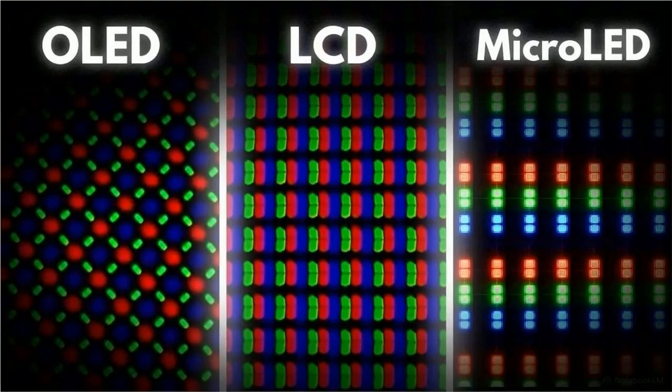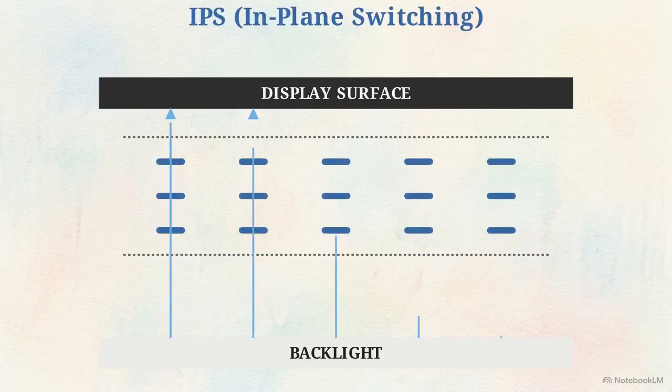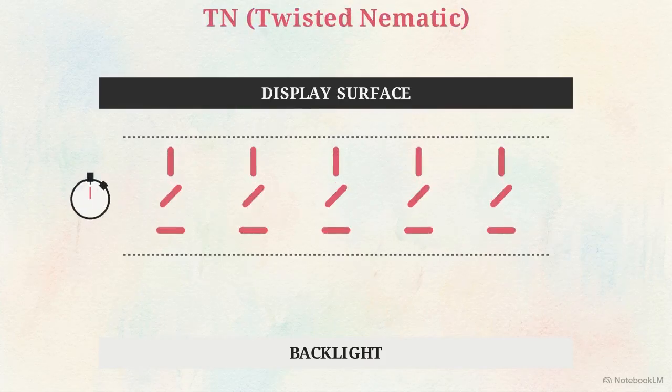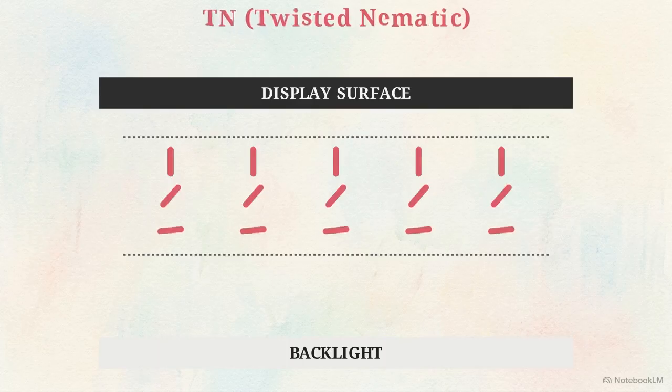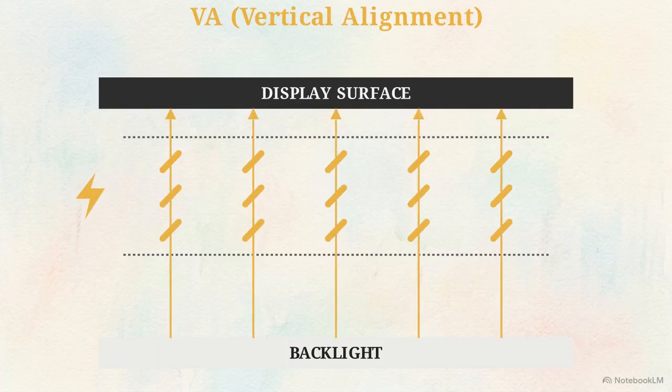LCD filters a continuous backlight through twisting crystals, and micro-LED utilizes microscopic inorganic diodes. Even within LCDs, the crystal alignment dictates performance. IPS panels align crystals parallel to the screen for high color accuracy, while TN panels twist them 90 degrees for faster response times at the cost of viewing angles. VA panels vertically tilt them on voltage for high contrast.